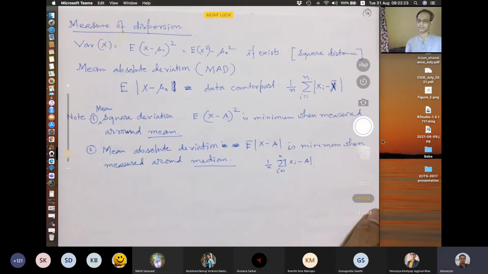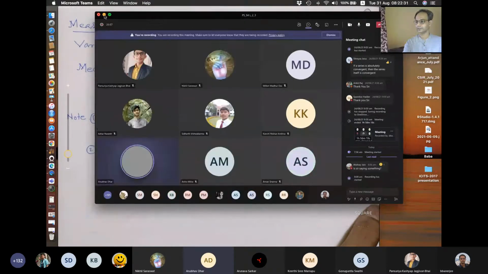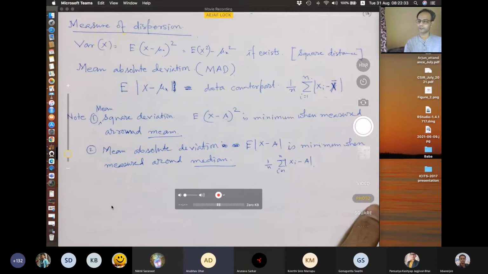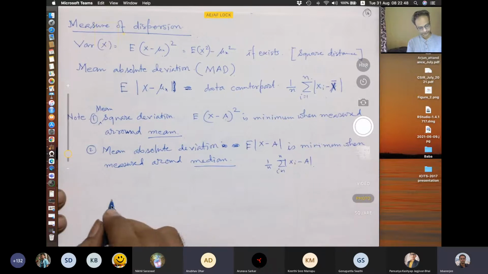One exercise I have given in the note. Yes, sir, the minimum was occurring, for odd size data, at the middle, and for even size data it was occurring at the middle 2 points. Or only the middle 2 points, or all points in between the middle 2 points? Yes, sir, all the points between the middle 2 points.